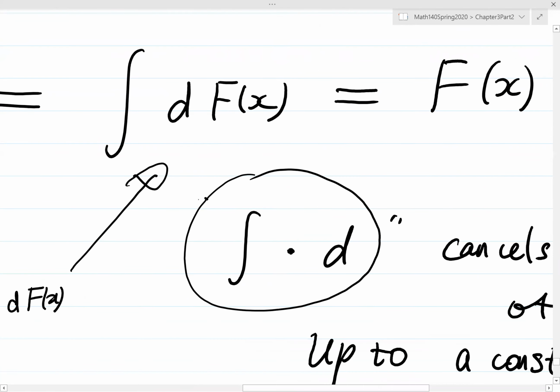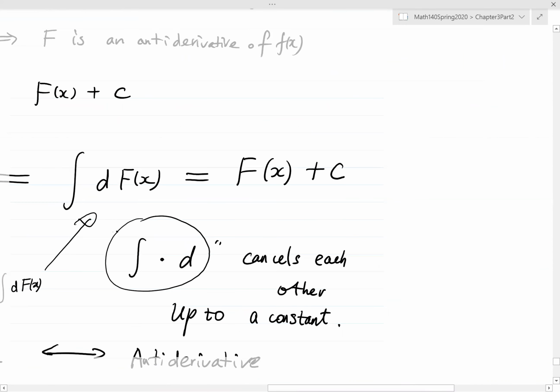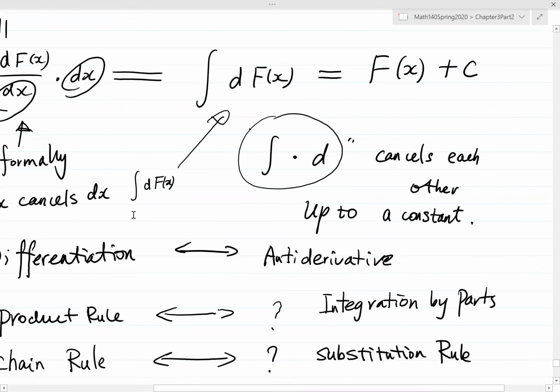Actually they cancel each other up to a constant, so we get capital F plus c. These two equations mean that d and the integral cancel each other up to a constant. They are not exactly inverse; they are inverse operations up to a constant c.